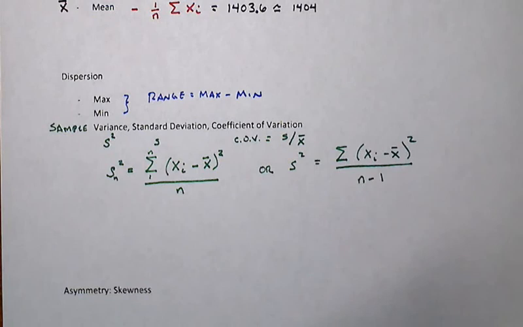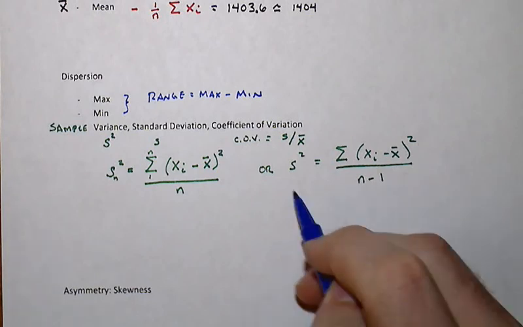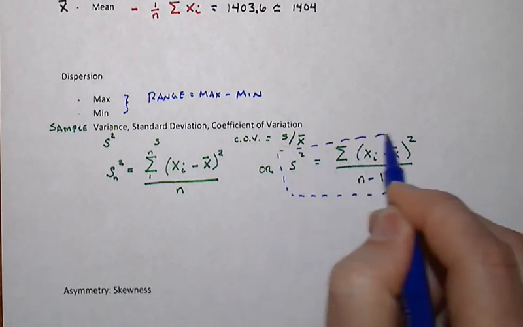Now, if you have a real large data set, the difference between these two is marginal. Really doesn't matter at all which one you use. Depending on what you want to do with these is going to probably influence which you want to use. And it is far more common to use the formula with n minus 1 in it.